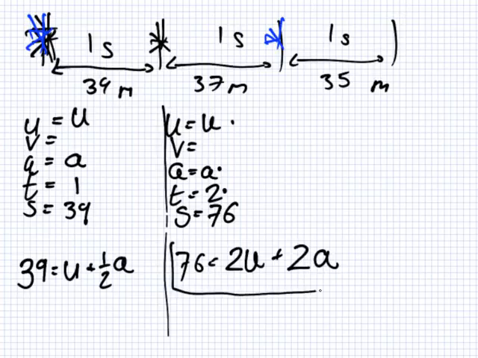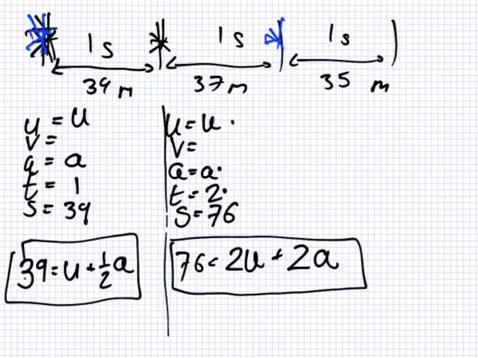This is an equation with U and A. So can you find U and A? You can. I won't do that because you know how to do that. I'll just type it in on the calculator. 1 half 39, 2, 76. So you get U is 40 and A is minus 2.